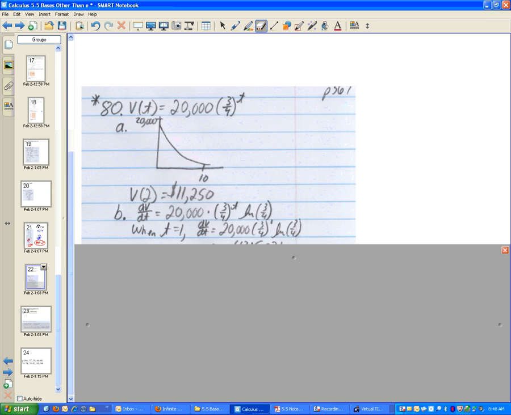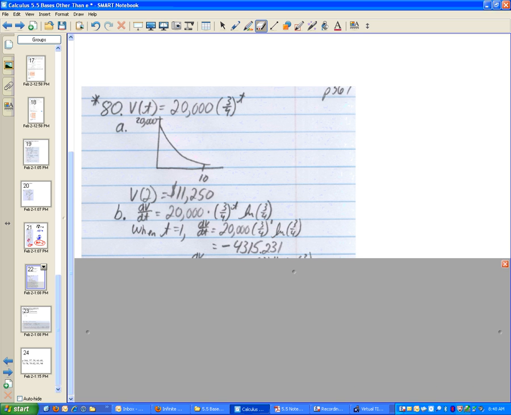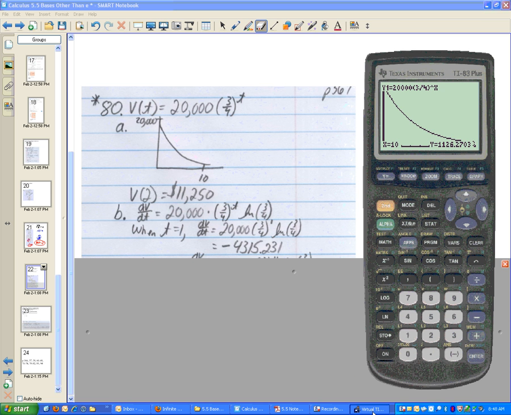So let's see what it equals when t equals 1. That'd be 20,000 times 3/4 to the 1 times the natural log of 3/4. And at that point, I'm going calculator on you. 20,000 times 3/4 times the natural log of 3/4.